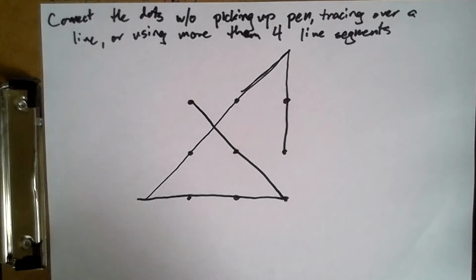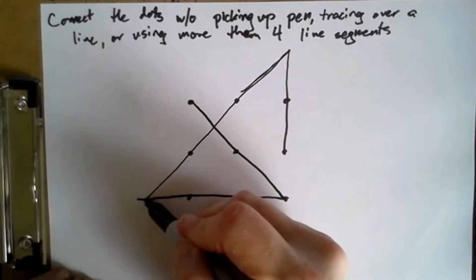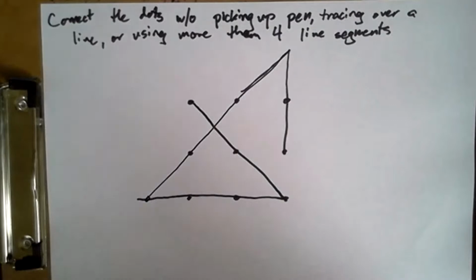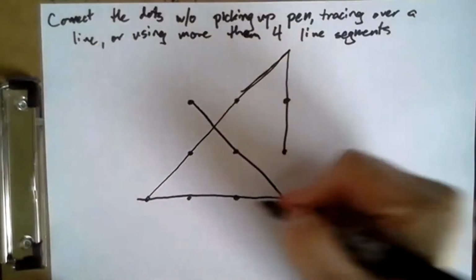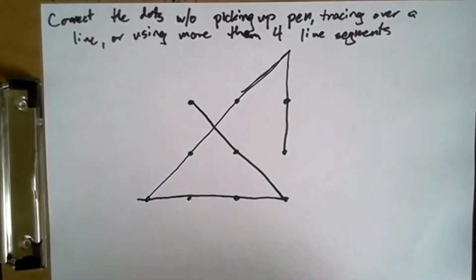None of them are retraced, and I can do this without picking up the pen. I think I did pick up the pen once or twice, but it worked out fine. You can see I could draw this without picking up my pen.